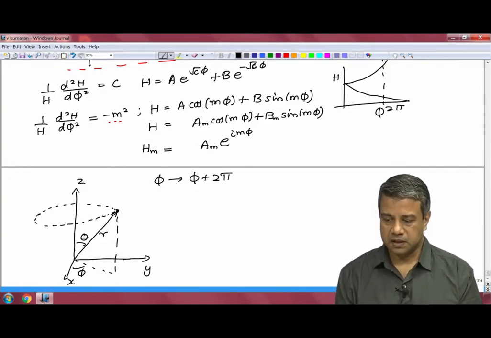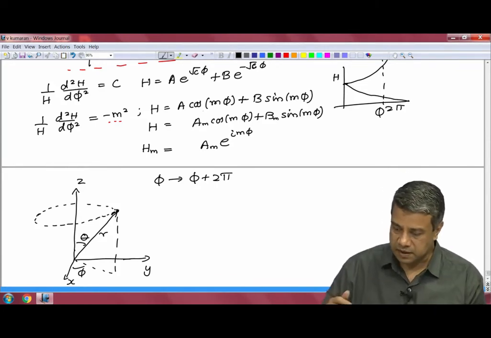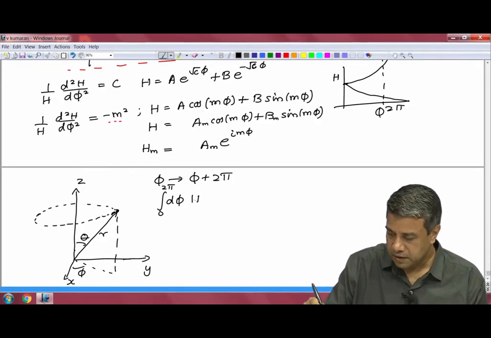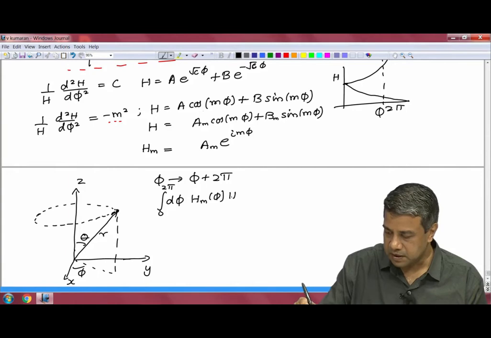So, if I take h m is equal to a m times e power I m phi, the orthogonality relation in the case of a complex function is defined as integral 0 to 2 pi of d phi of h m of phi times h n star of phi.